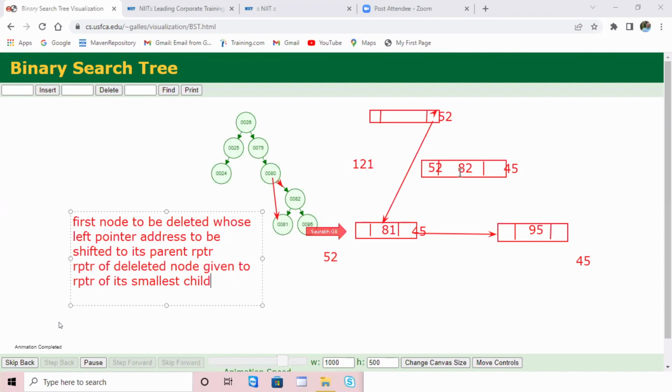That means the address in the RPTR of the deleted node, that is 45, is given to the smallest child's RPTR.